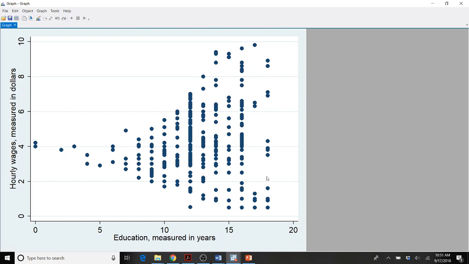There is a tremendous amount of variation when education level is high, and very little variation when education values are low. It's a textbook example. The amount of variation is getting bigger and bigger as education goes up. And so that is an extreme amount of heteroskedasticity.